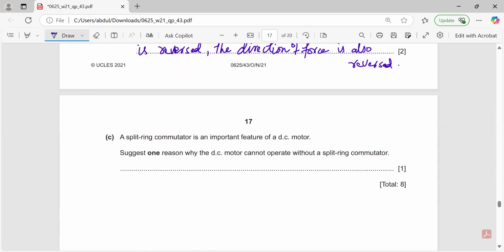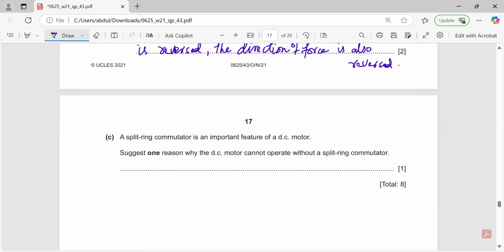A split ring commutator is an important feature of a DC motor. This is a recall memory formula answer question, which actually suggests one reason why the DC motor cannot operate without a split ring commutator.